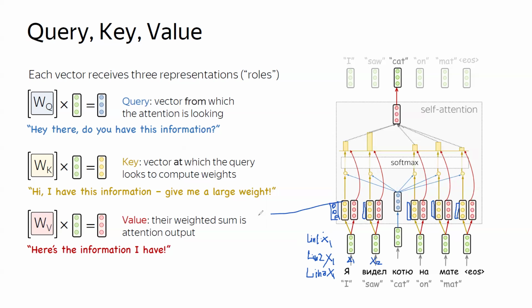So let's finish our drawing. For this token, we also have yellow and red. Every token has three embeddings. For each token, in this case for this one, we calculate the score, and also we calculate the score with itself.